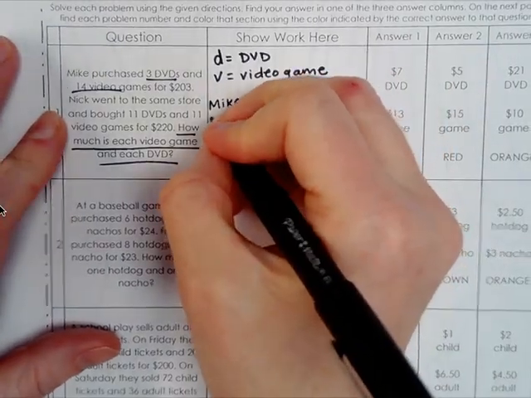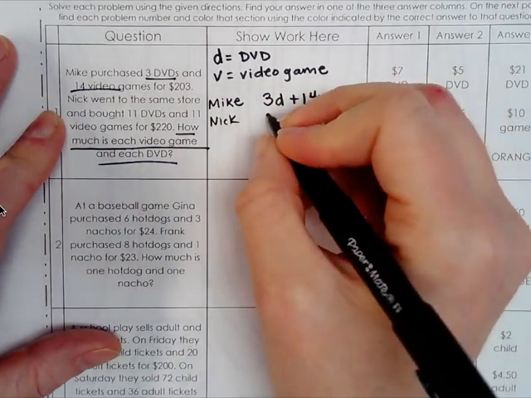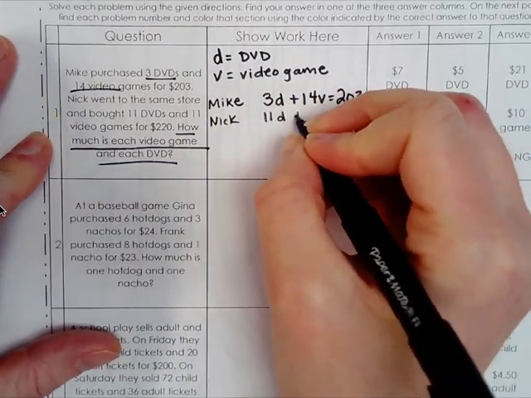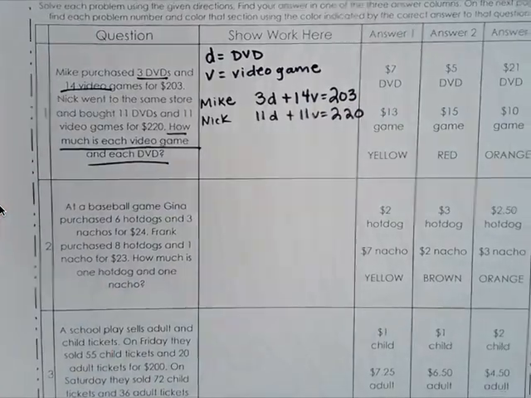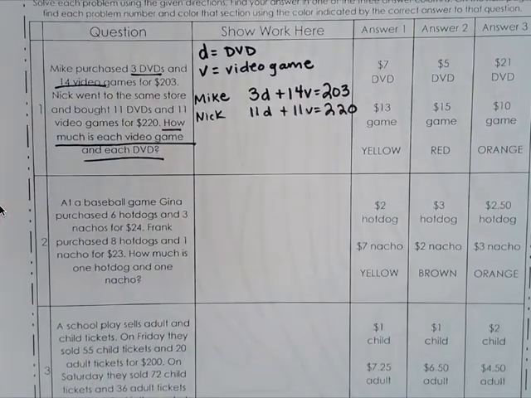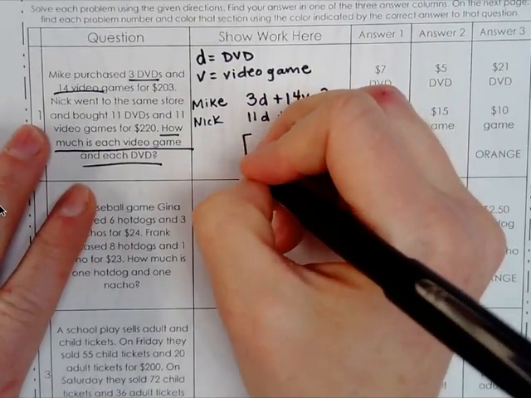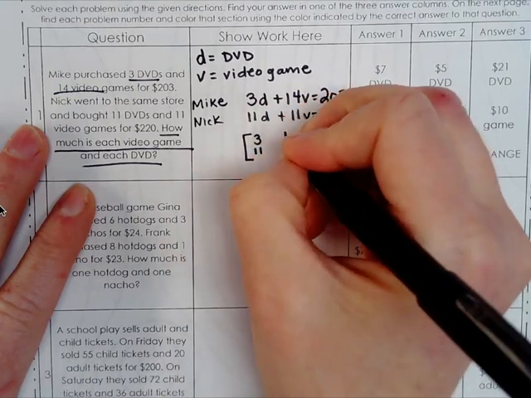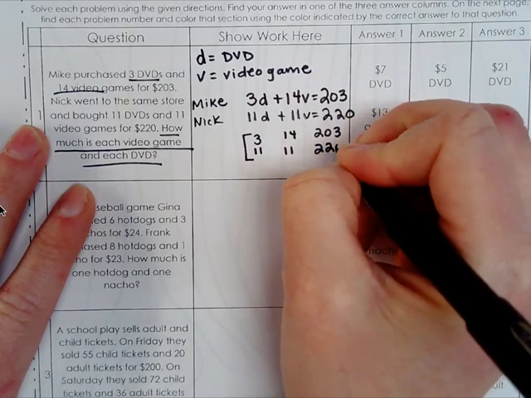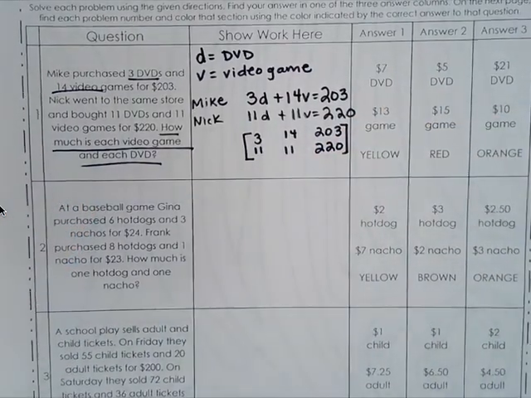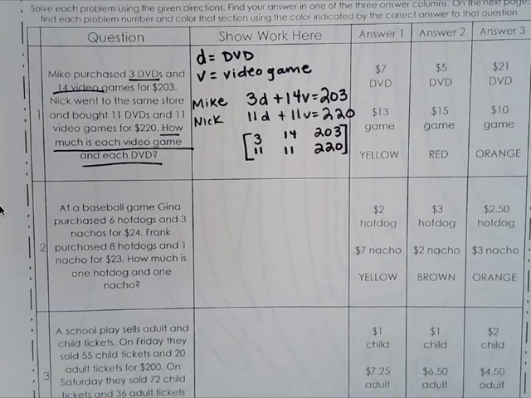And then we have Nick, and it'd be 11 DVDs and 11 video games for 220. So as long as they're in the same order, D, V equals a number, we can set it up in the matrix. We can solve it now that we have a matrix. So you'll find out what the DVDs are and what the video games are.